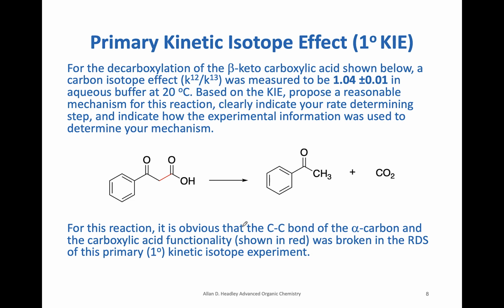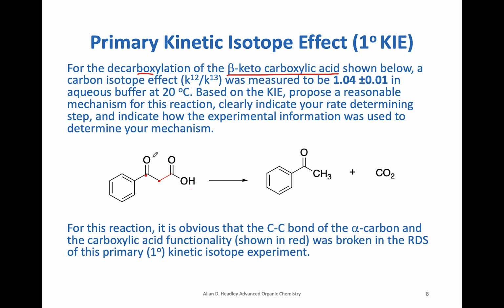Okay, let's look at another experiment here. And this is for the decarboxylation of a beta keto carboxylic acid. And here it is. It's called a beta because this is the alpha carbon, and this is the beta carbon from the carboxylic acid.